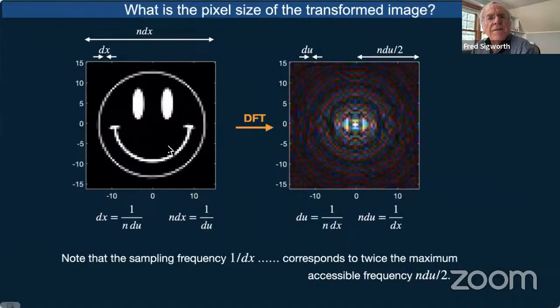Let's say this is a micrograph, and this is its Fourier transform, and you want to know, okay, so what's the maximum resolution that I can get out of this micrograph? And the easy way to do that is to say, well, what is the maximum spatial frequency that's represented by the Fourier transform? So here's how it works. We say dx and du are the pixel sizes of the two representations.